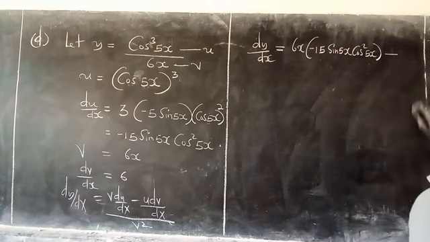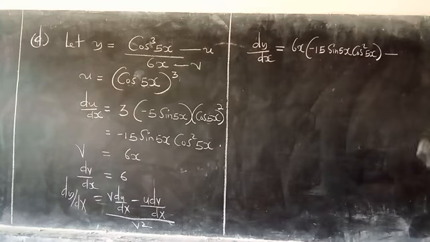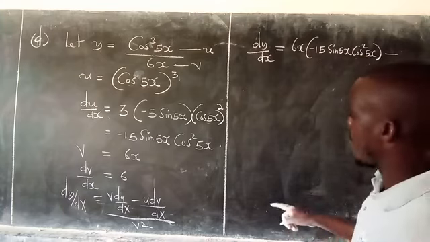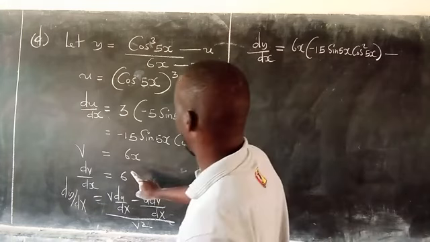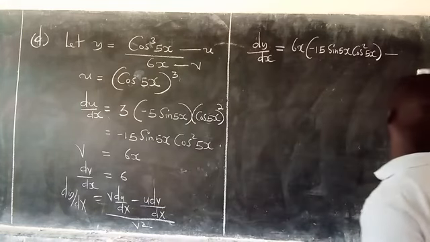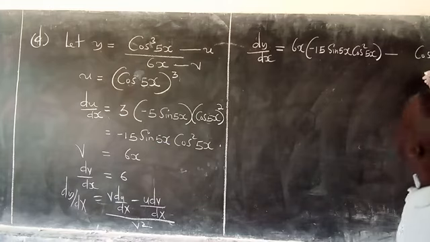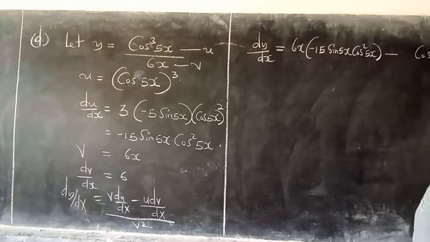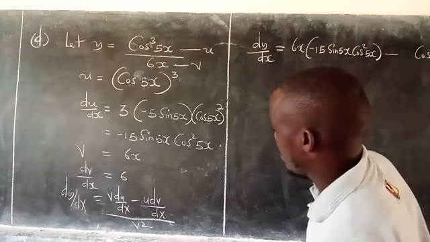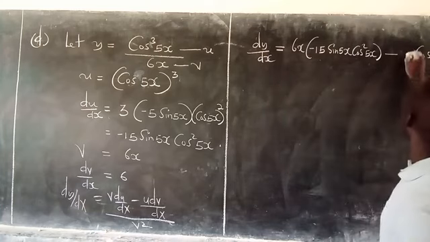I'll create some little space there, minus. We now have u, which is cos power 3, I beg your pardon, of 5x, but multiplied by dv dx, which is 6.